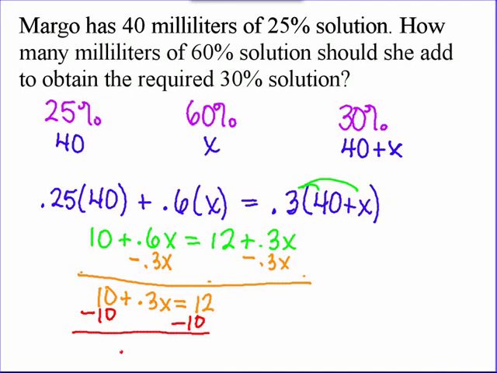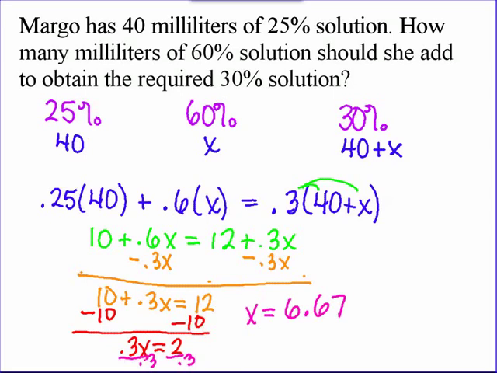So I get 0.3x equals what? 2. How do you solve that? Divide by 0.3. So what does x equal? 6.6 repeating. A good rule of thumb is to go two decimal places: 6.67.